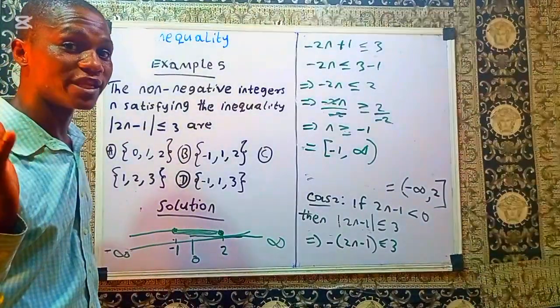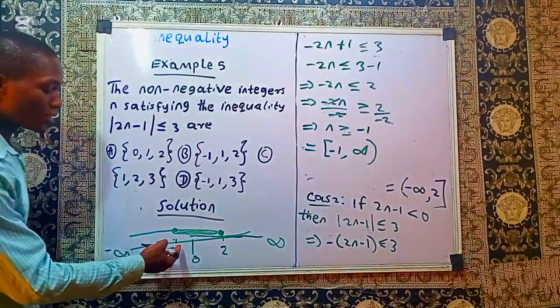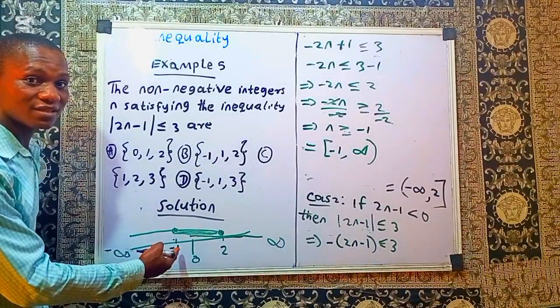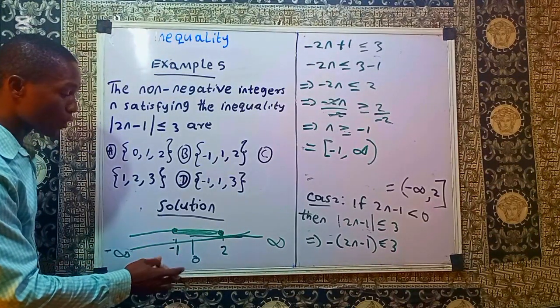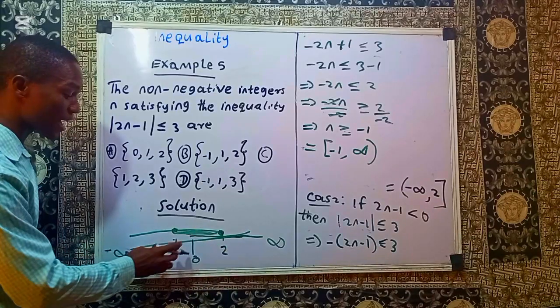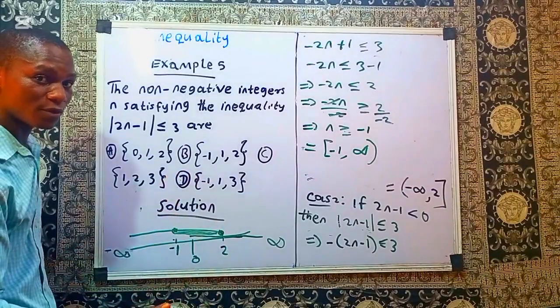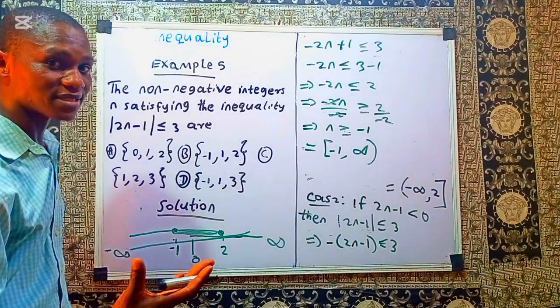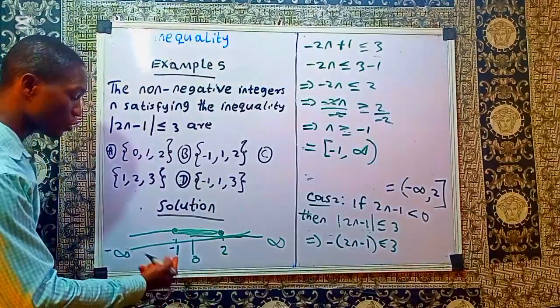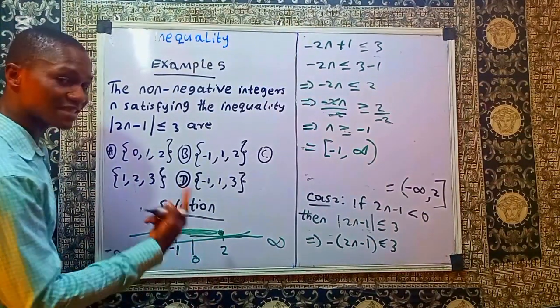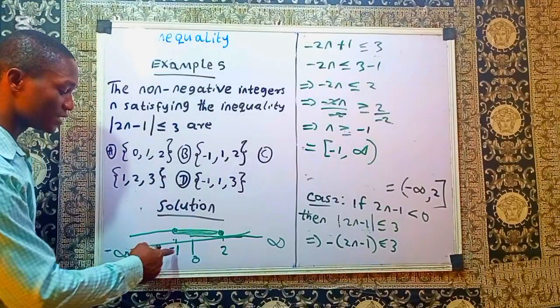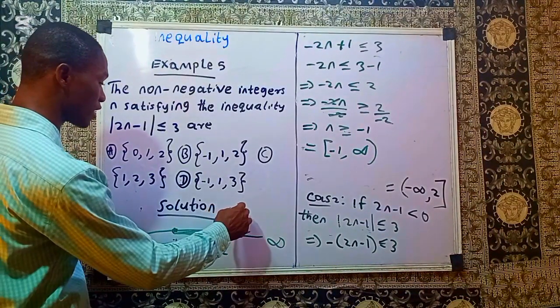But we are looking for non-negative integers. We have many numbers in between minus 1 and 2, numerous of them, both whole numbers and fractions. So if you start from minus 1, the integers, which we call whole numbers, we have there is minus 1.